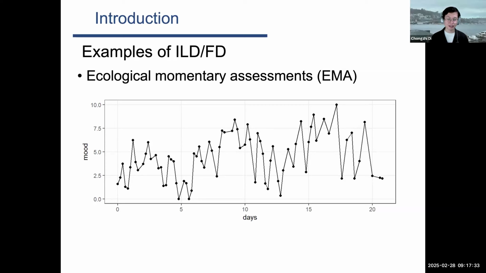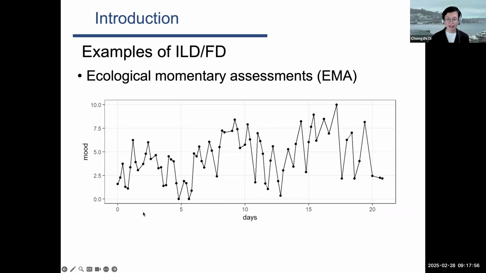The essence is to use smartphones to push very frequent surveys to participants. In our study, we pushed surveys up to 4 or 5 times per day, trying to make the times more random, and we collected data for up to about 20 days.